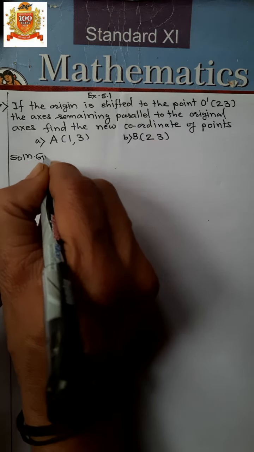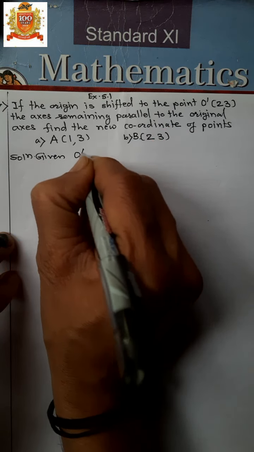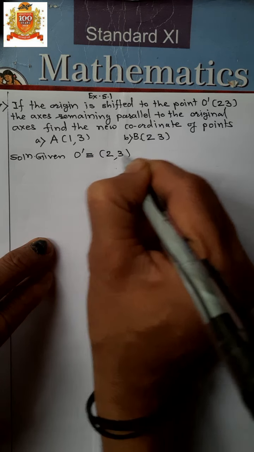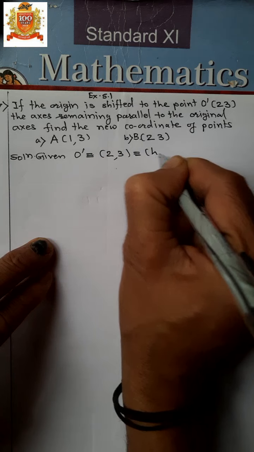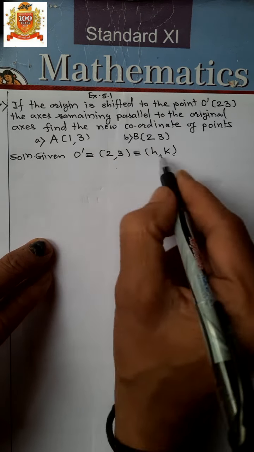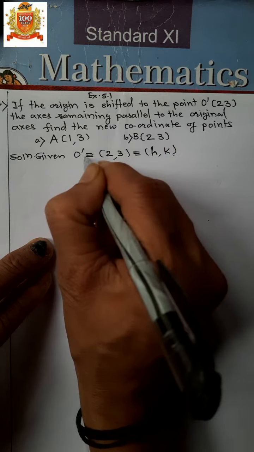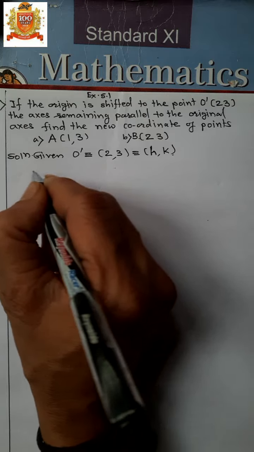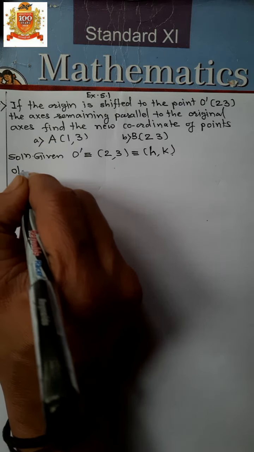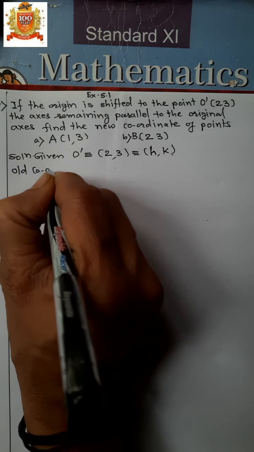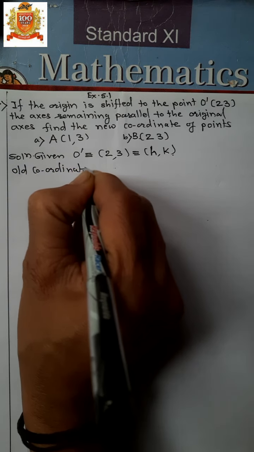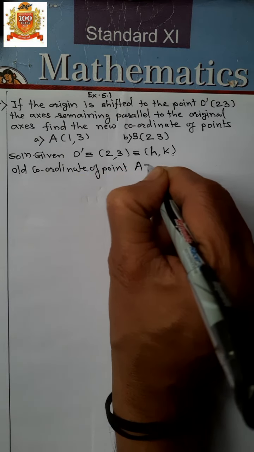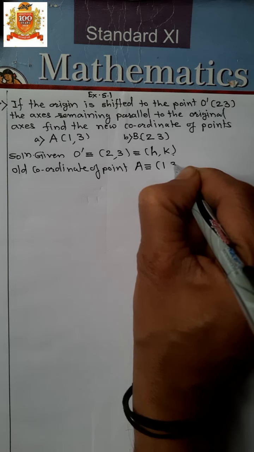Solution. Given O dash is equal to (2, 3), which is equal to (h, k). We know we denote the new origin by (h, k). Old coordinate of point A is equal to (1, 3).